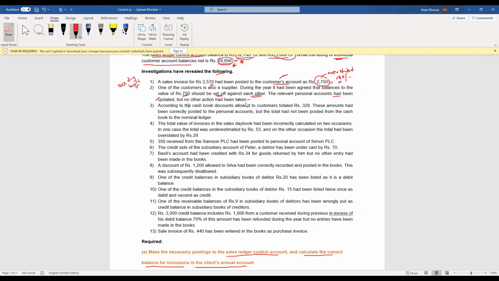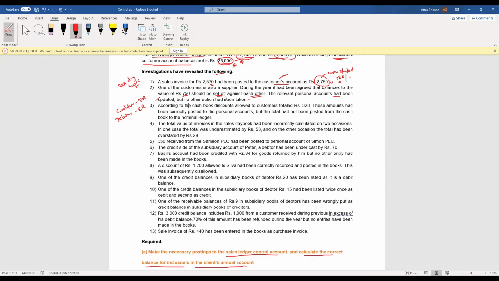When you set off a customer balance against a supplier, the relevant entry is that the supplier control account should be debited and the customer account balance should be credited. The creditor should be debited, the debtor should be credited.